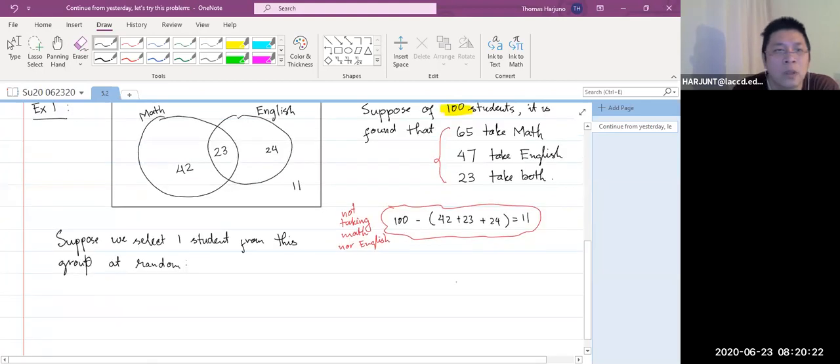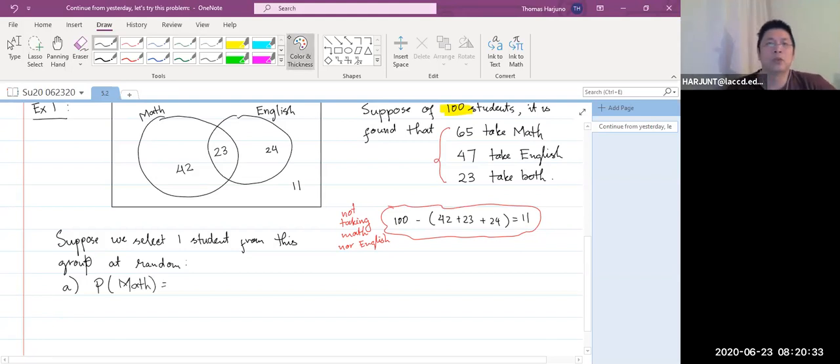Then, let's say part A, find the probability that the person takes math. Then we see how many people in math? 65, right? Okay, let me write it this way. That's 42 plus 23 over 100. That's 65 over 100. In decimal, that is 0.65. I think in this case, it's easier to do decimal.